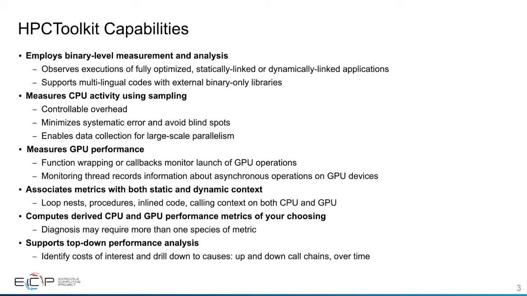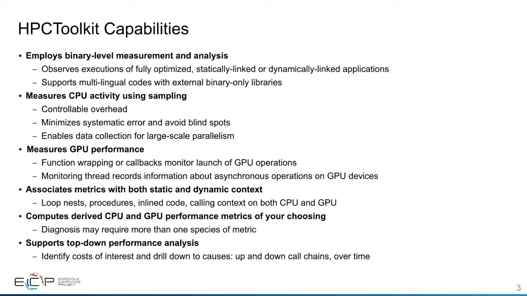You can specify formulas that will compute metrics based on the data that you've collected. And this is useful because diagnosis of performance problems often requires more than one species of metric. For instance, it doesn't do much good to know how many cache misses occurred, but if I know how many cache accesses there were and how many of them missed, then I can compute a miss rate, and that's more meaningful than just an absolute number of accesses.